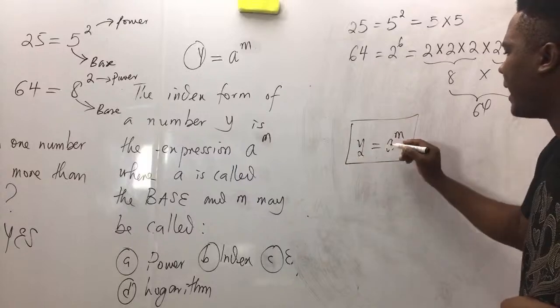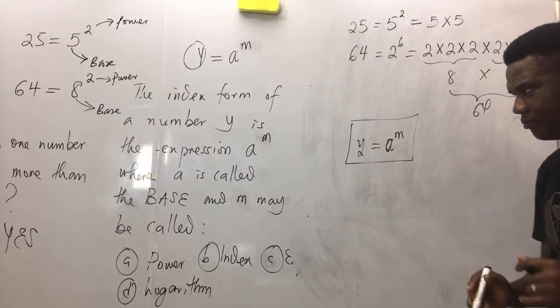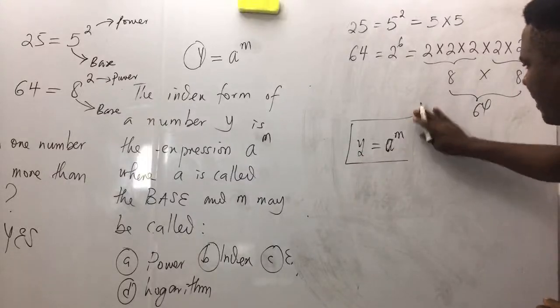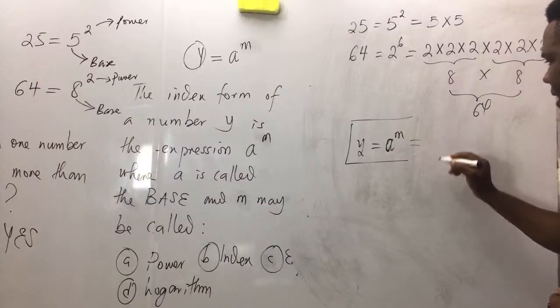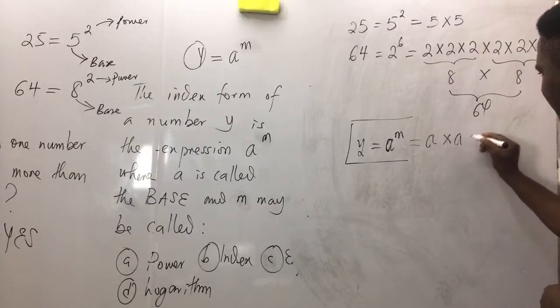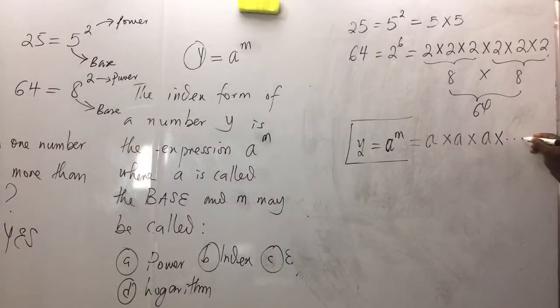What then does this mean? When we write y equals a raised to the power n as the index form of y, how can we expand it? In my lesson with you guys, the expansion would mean a multiplying itself n number of times. So we are going to be using this notation.